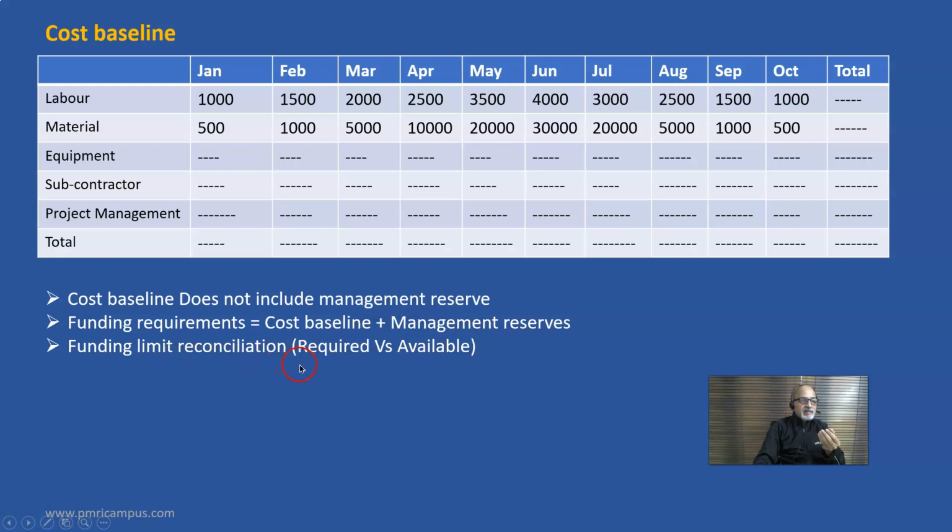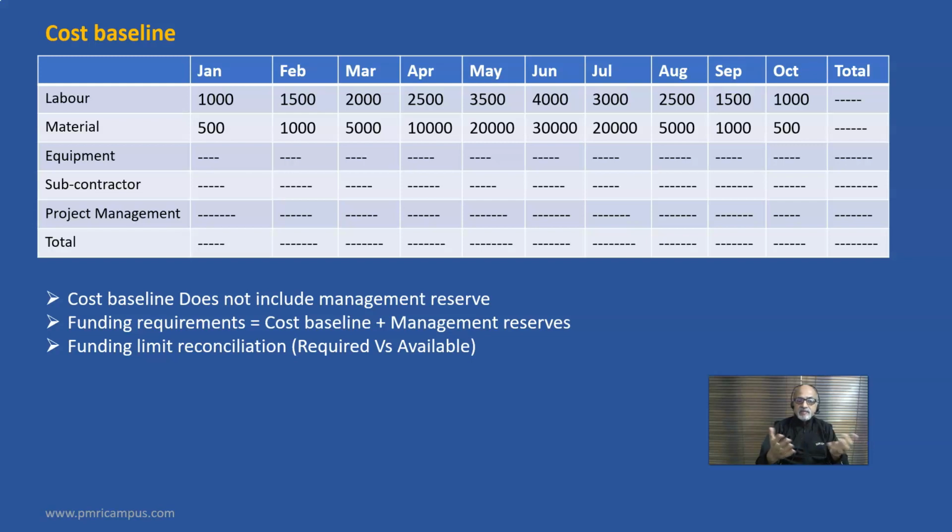And funding limit reconciliation is nothing but required funds versus the availability of funds. Because for projects, cash flow management is very, very important. If you don't have sufficient funds, and if you don't pay the suppliers and subcontractors on time, they will delay the supplies, they get demotivated, or they can even go bankrupt, and that will impact your project adversely.